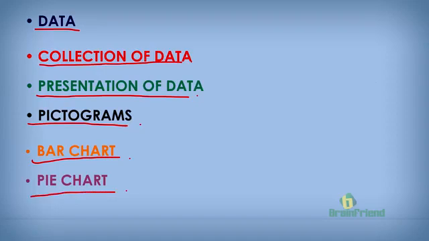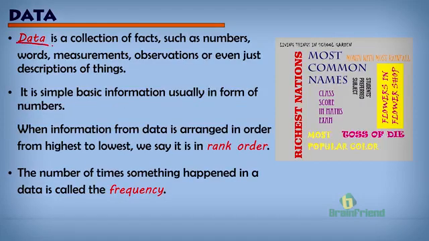Let's go on. Now, the word data. What exactly is data? Data is a collection of facts, such as numbers, words, measurements, observations, or even just descriptions of things. But note that data is basically collected in number form.